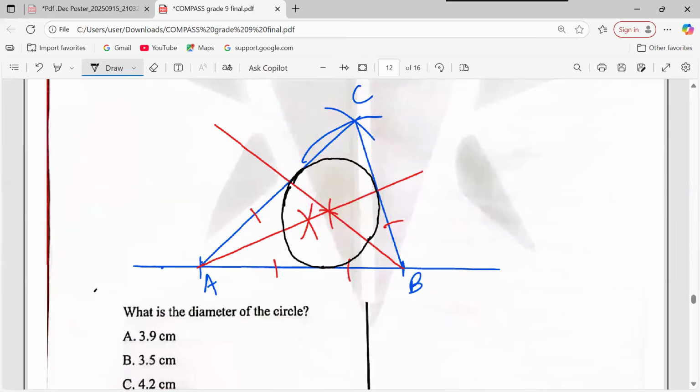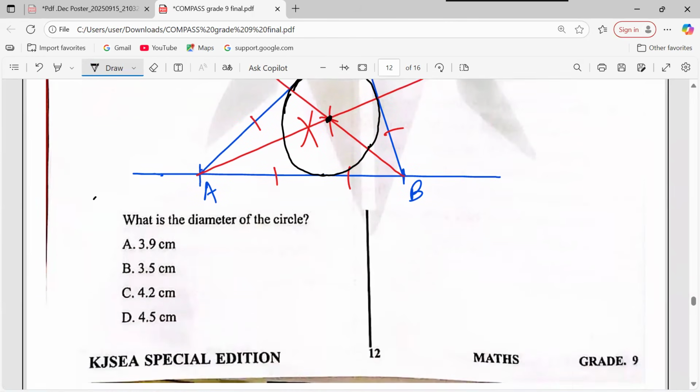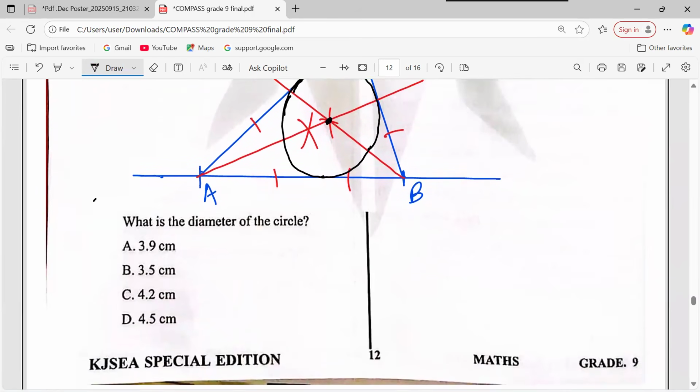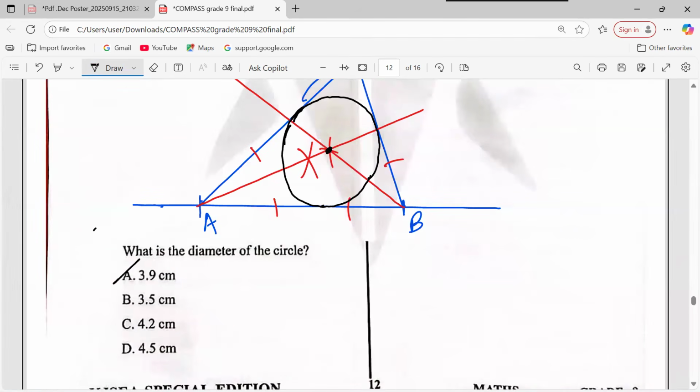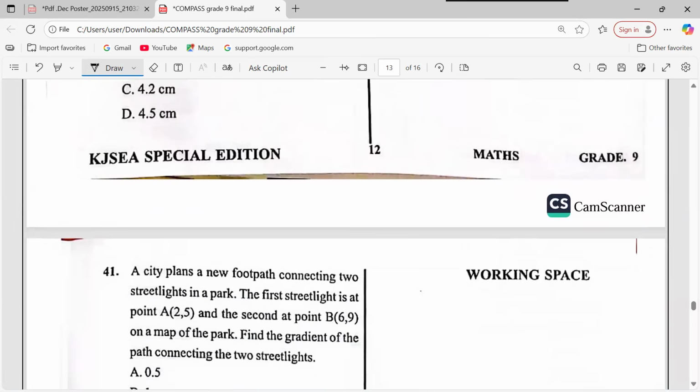That's not what we expect. Yes. You use the center, which is the intersection. Then you do a circle smoothly to touch the sides that way. We're also told to measure the diameter of the circle. When you measure these, you shall get, of course, you know what diameter is, 3.9 centimeters.